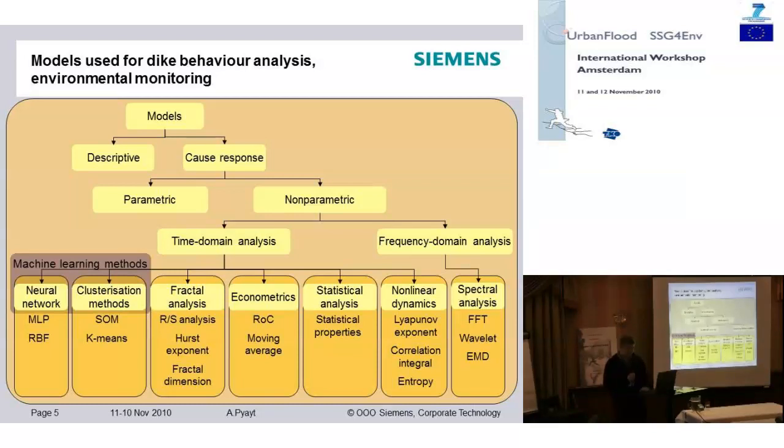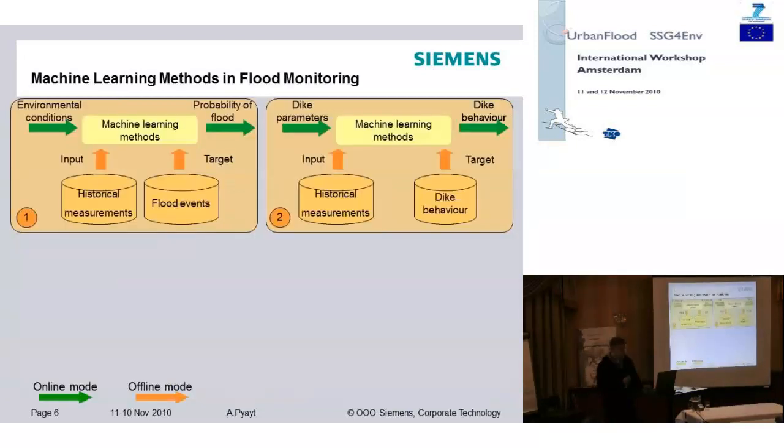Machine learning methods are widely used for flood monitoring. For example, in the first case, machine learning methods use only environmental conditions to forecast flood. For example, as input can be used rainfall, current, water depth, and we can forecast a level of water.